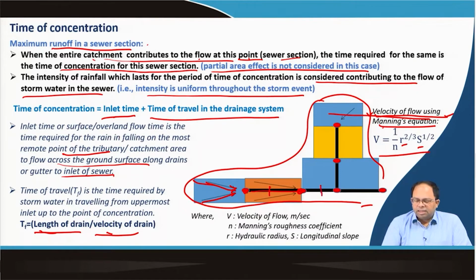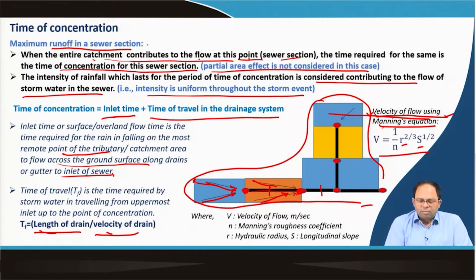But when I consider designing this section, then the water that enters into this inlet is from the surrounding area, plus the water that comes from this point to this, where it travels over ground to this and then travels along the pipeline and comes to this point. So, in this case, the farthest point for this particular inlet is again this one.